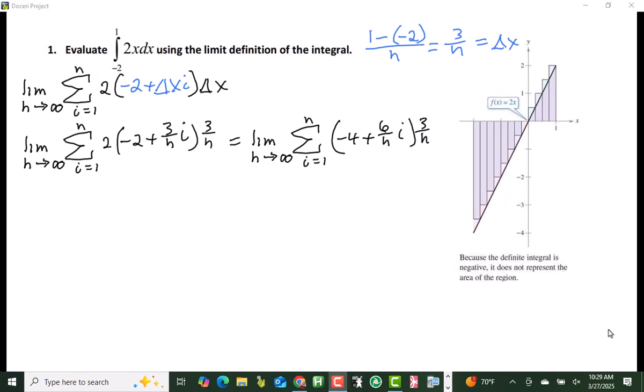Right. Yeah, good point. So really, I could have taken out 6 over n, right? Yeah. On this one. That would work. Yeah. Okay, so now then I've got a constant negative 4 and a constant 3 over n and a constant 6 over n.